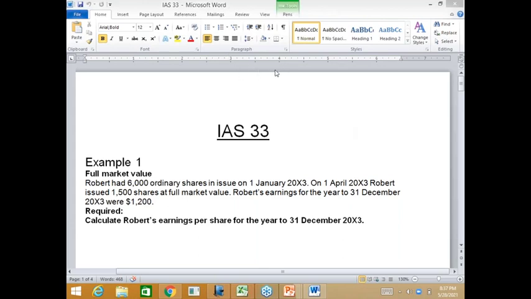So today we are going to start with one of the key accounting standards that is relevant for this session, that is IAS 33, earnings per share.